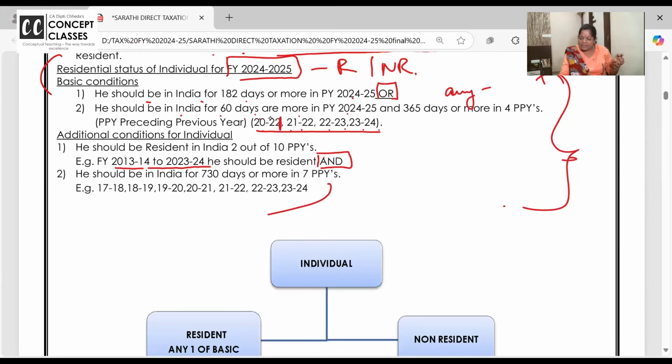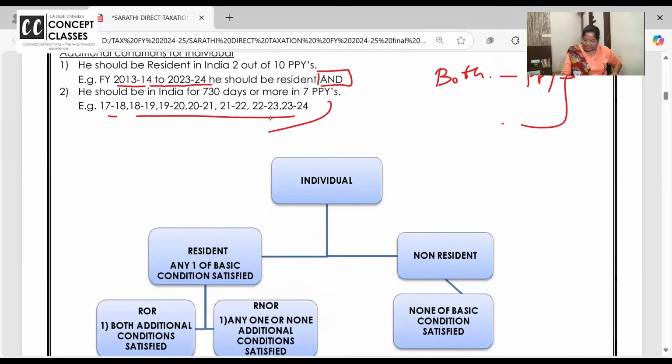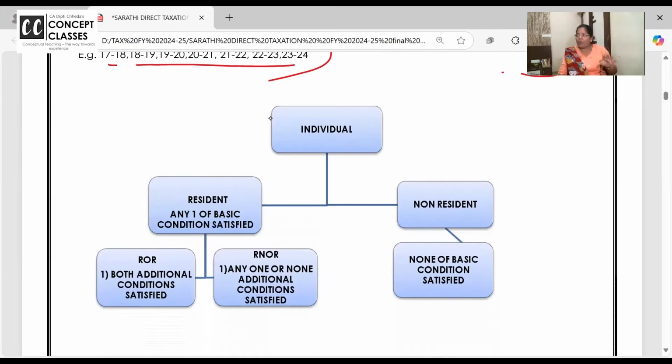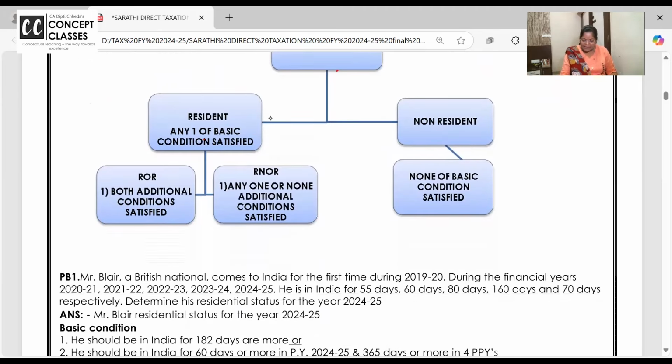You can write, जितना makeup करोगे उतनी clarity आएगी. Any one. Here, both. This is current year. This is PP wise. Preceding 10 years or preceding 7 years. See. Now again, one more time. Individual. Resident. Any one of the basic conditions satisfied. Aajo. First door crossed.